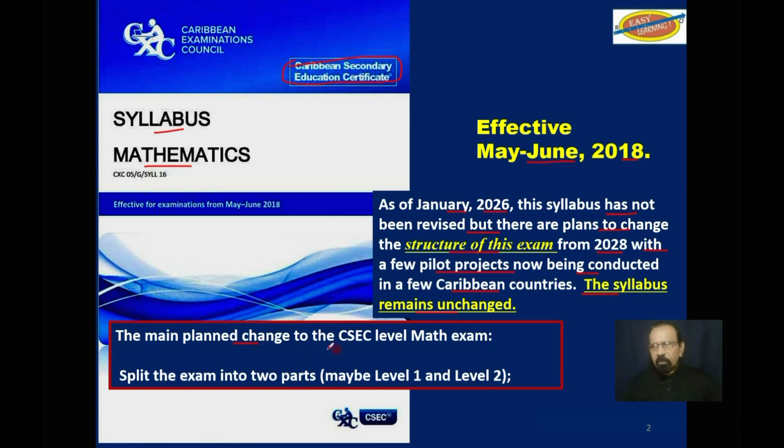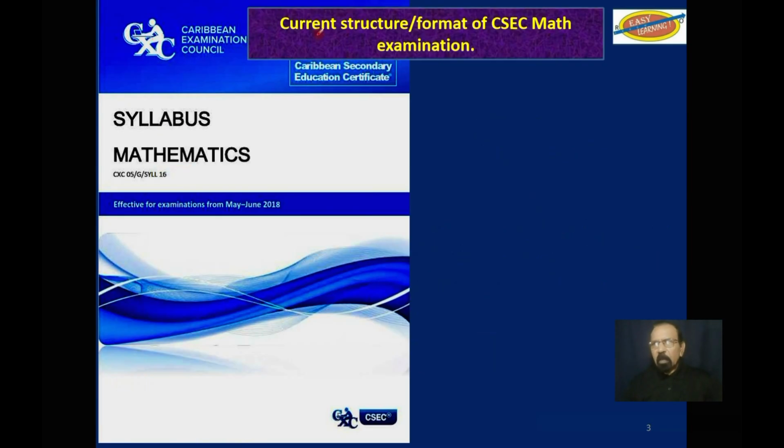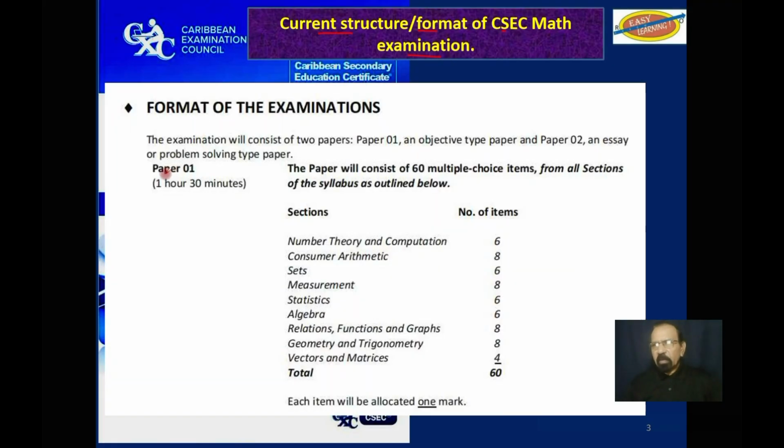The main planned change to this CSEC level math exam is to split the exam into two parts. The current structure or format of the CSEC math examination: there is a paper 1 for 1 hour and 30 minutes, and it consists of 60 multiple choice items from all sections of the syllabus as outlined below.